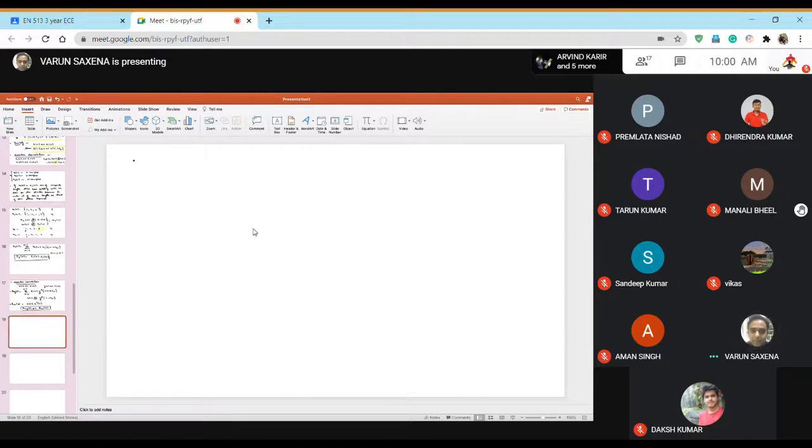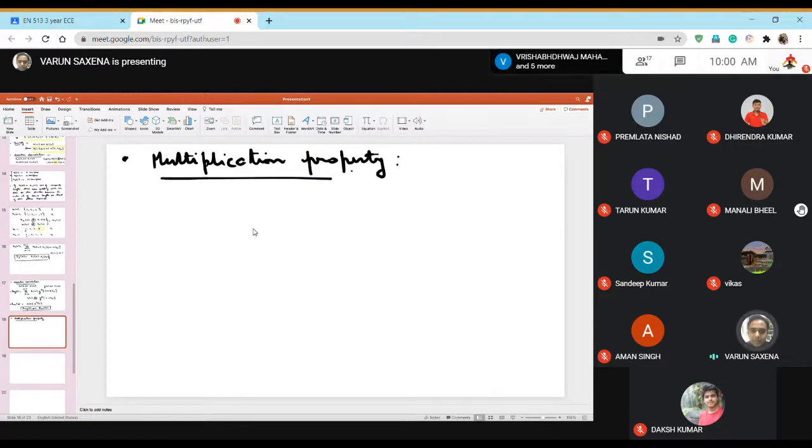Then there is a multiplication property. The multiplication property is as follows.